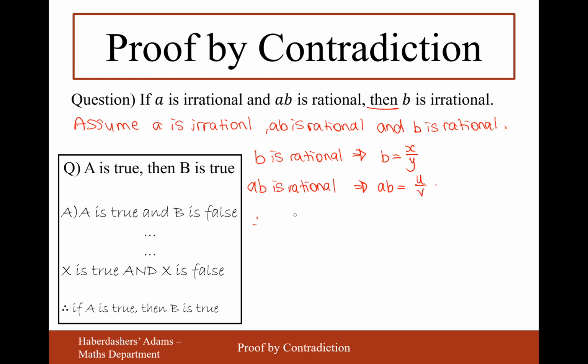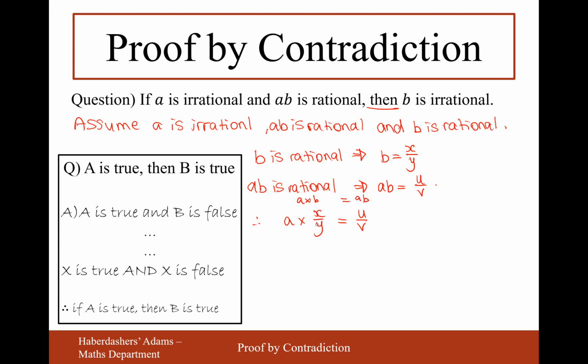So therefore, we have A times X over Y, which is B, equals U over V, which is AB. I've set up a statement here, which is A times B equals AB, which is pretty obvious.